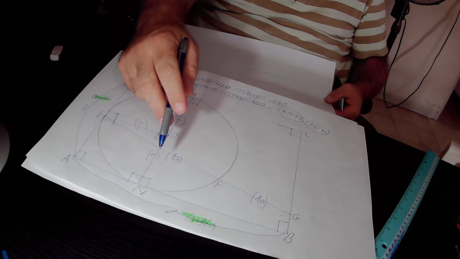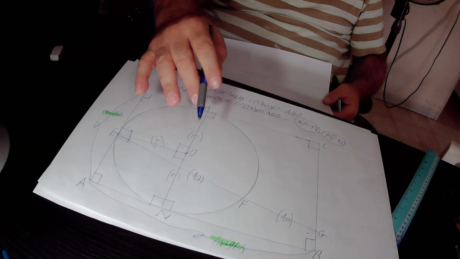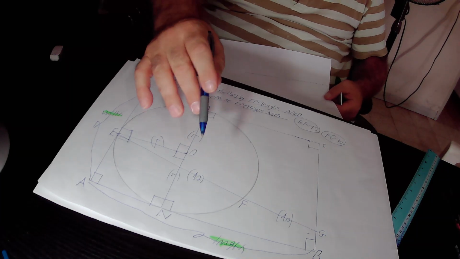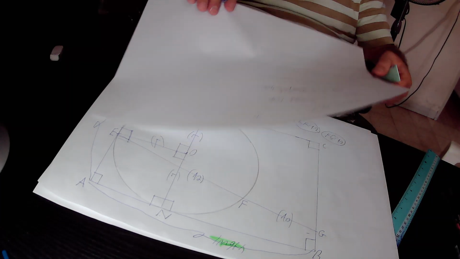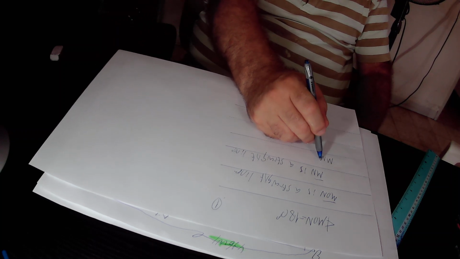So MN is a straight line that touches the circle at 2 points, point M and point N. And therefore MN is a chord.